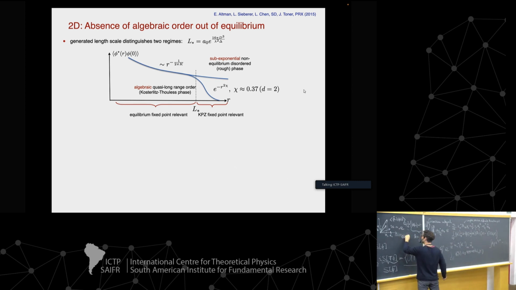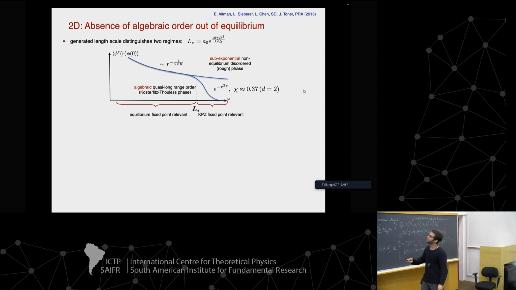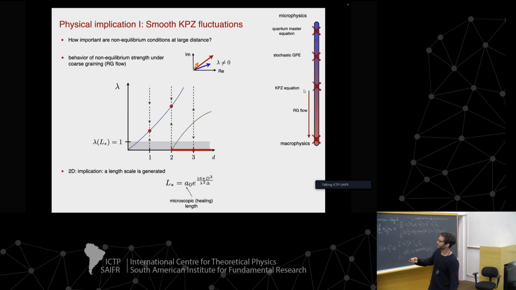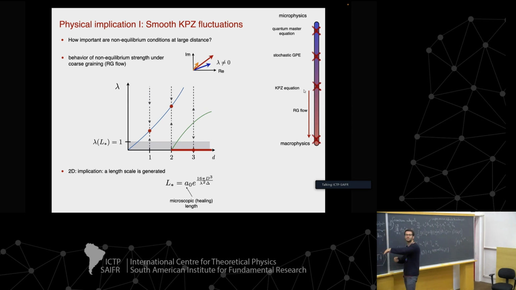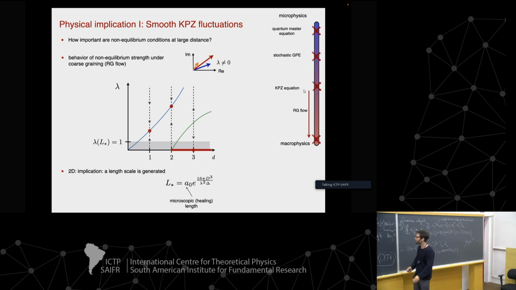This is the equilibrium limit. So the logic is this. Here we evaluate at short enough distances, below this scale. We are pretending the system is very well approximated by equilibrium physics, and so on these distances we get a log behavior of this phase correlator.